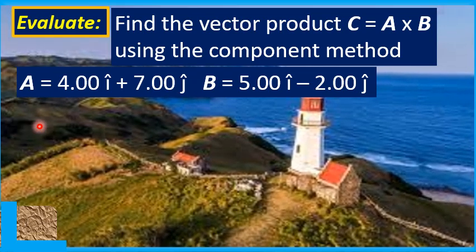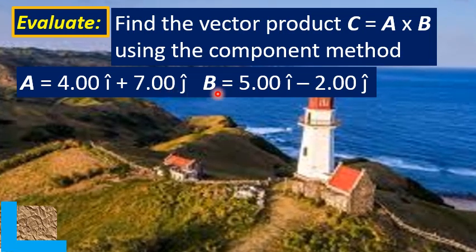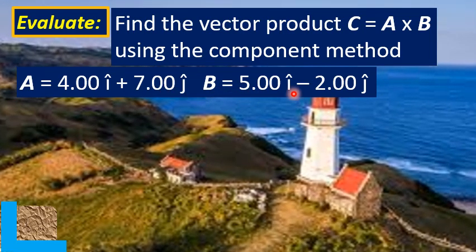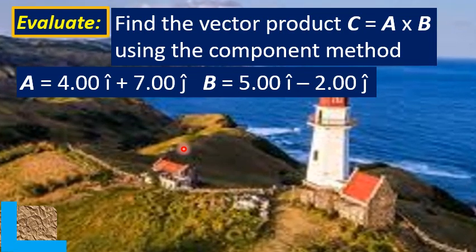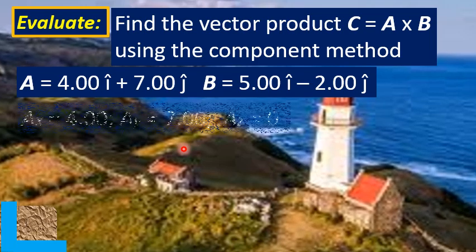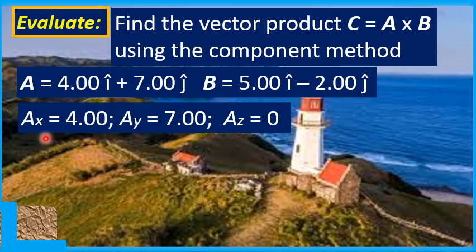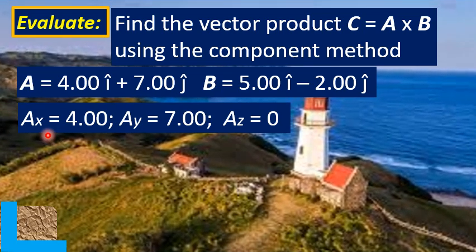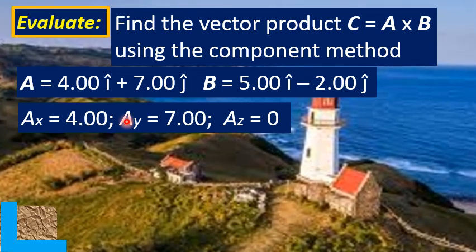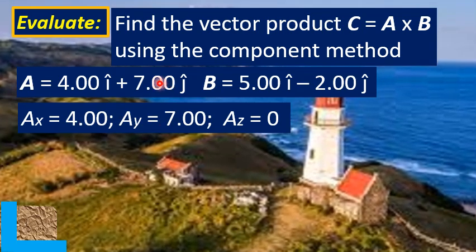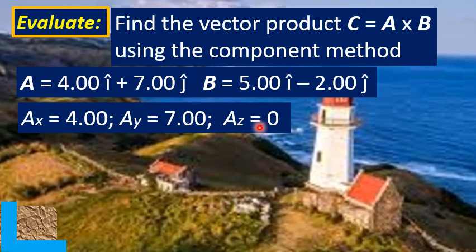That is, vector A is equal to 4.00i plus 7.00j, and vector B equals 5.00i minus 2.00j. All right, so from these two equations, we emphasize that the x component of vector A is 4.00 units, while its y component is equal to 7.00 units. Obviously, it has no z component.